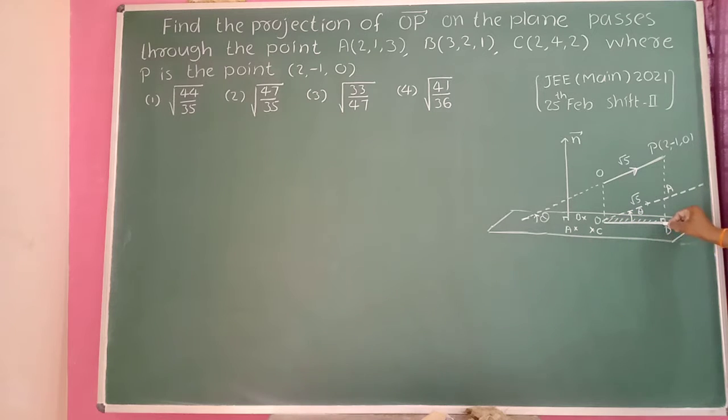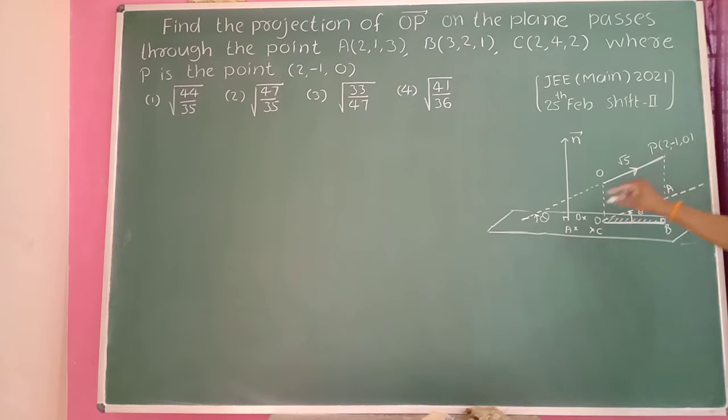Consider OP is parallel to OA. If OP is the given vector, then OA is the vector parallel to it.